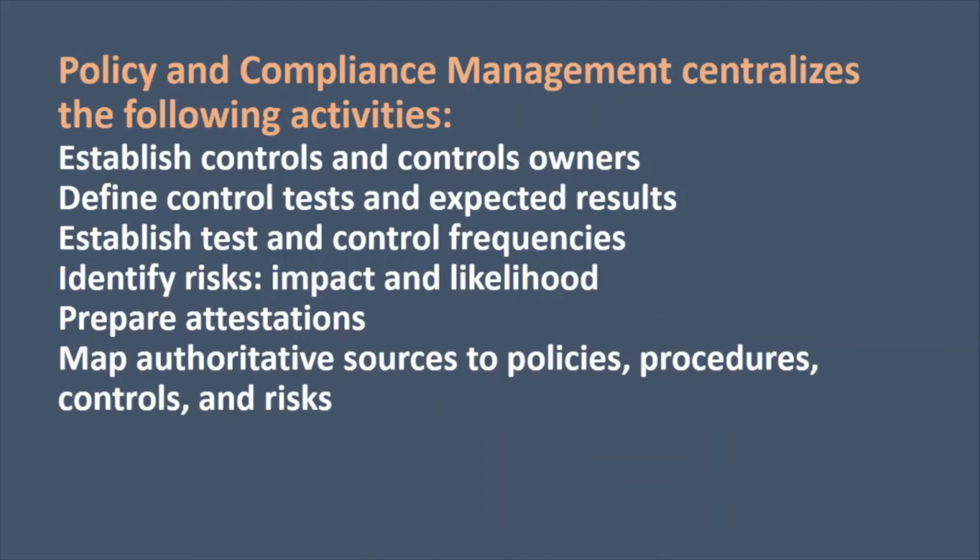Whenever we identify some risk, we have to recover from it. So for that purpose, we prepare attestations. This is kind of a survey. If we get any feedback on any policy, we can take it and prepare an attestation. And as part of it, we can improve our policy, right? And then, map authoritative sources to policies.